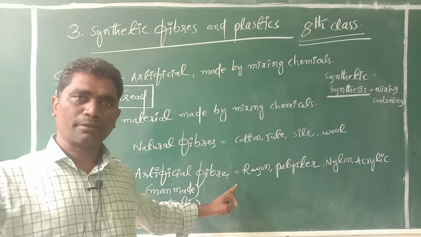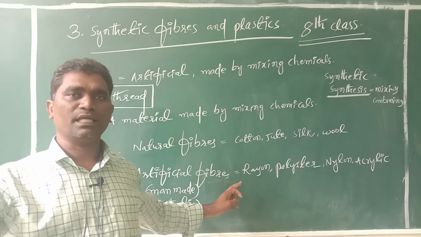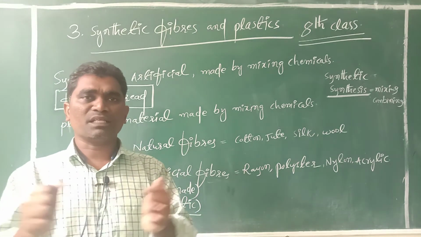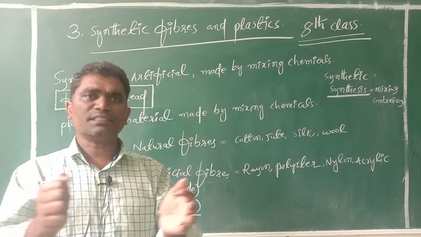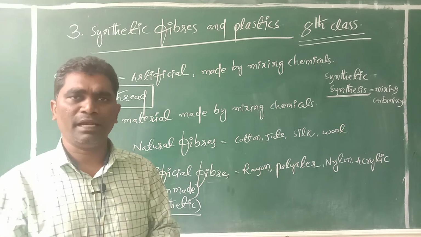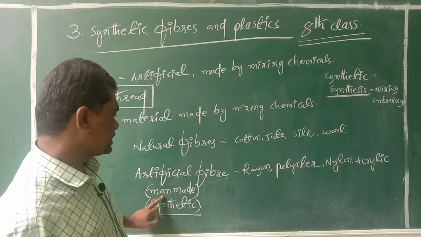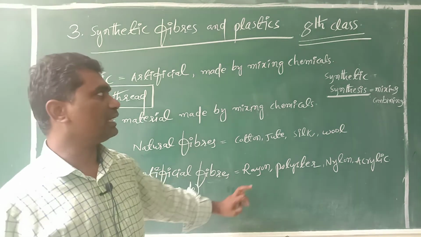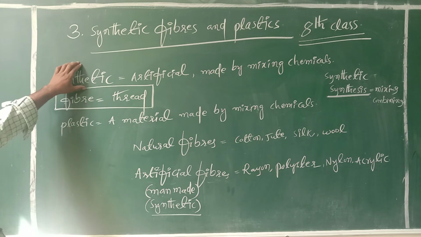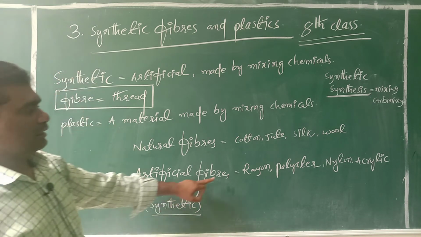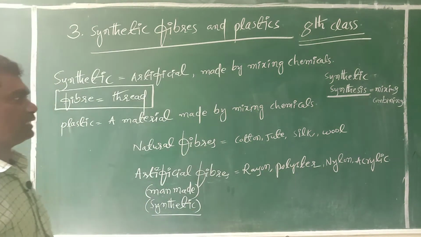Whenever chemicals are mixed, whenever chemicals are synthesized, fibers are made. From the synthesis of chemicals, fibers are produced, so that's why these are called synthetic fibers. What are the synthetic fibers? Rayon, polyester, nylon, acrylic. These are synthetic fibers.